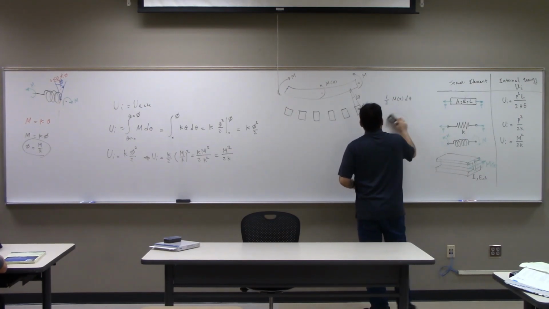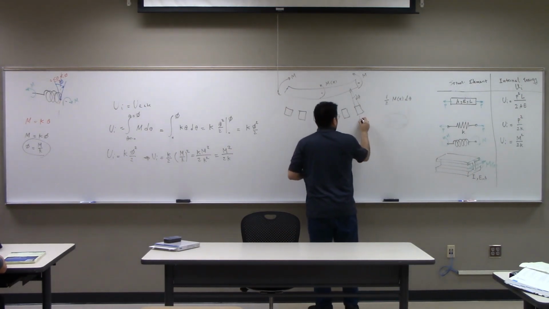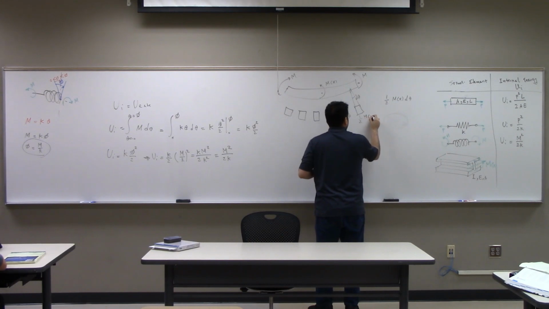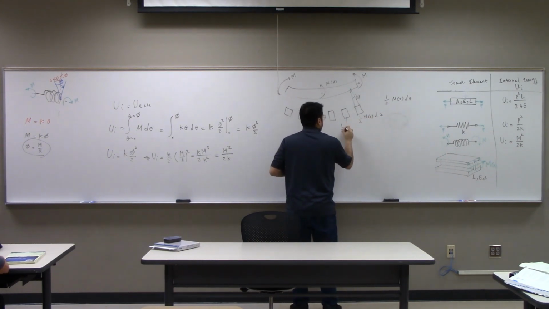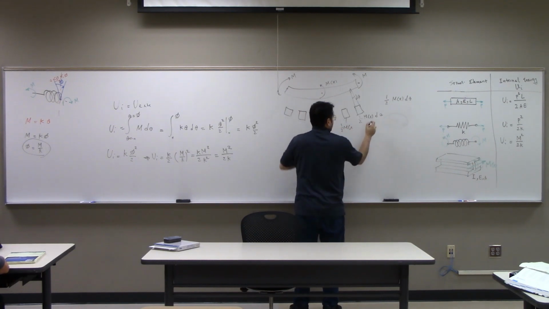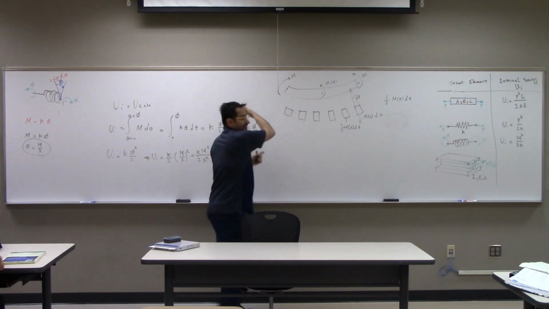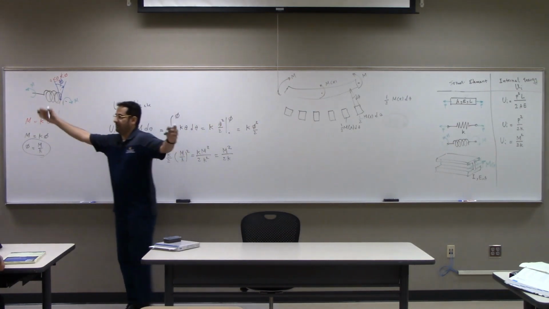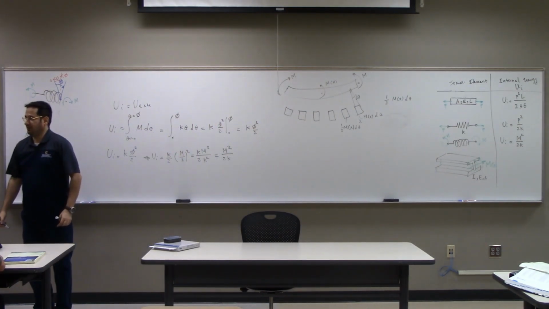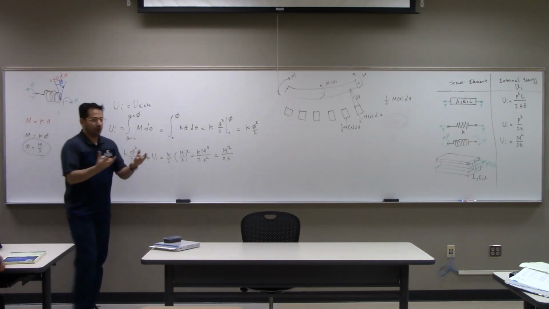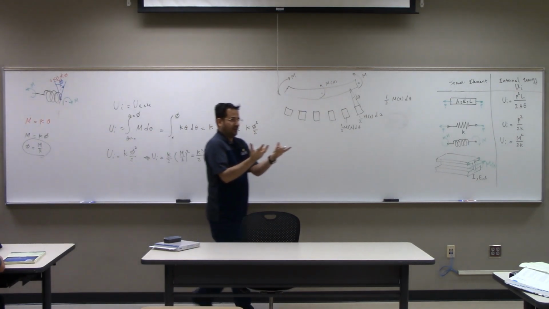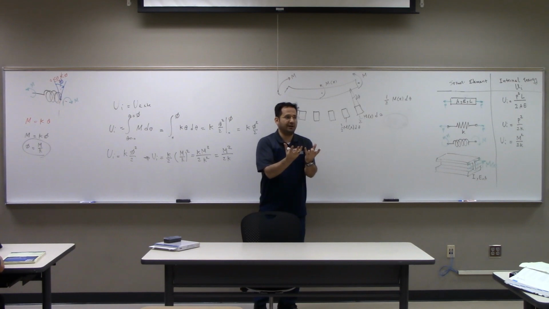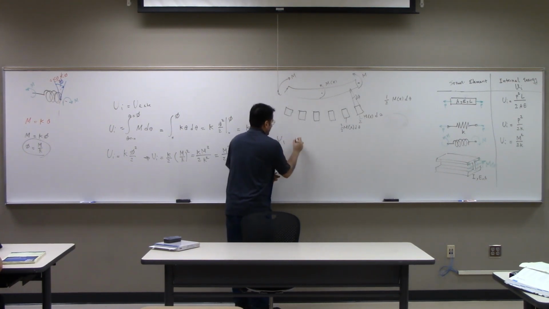Right? So for each one of those, I have half of the moment at that X times d theta. Here, half of the moment at this X times d theta. So what should I do in order to find the energy of the entire group? Let's say you have two blocks, and each one has an internal energy U1 and U2.